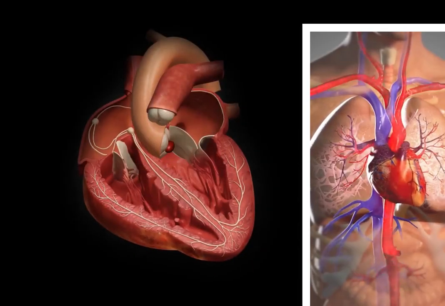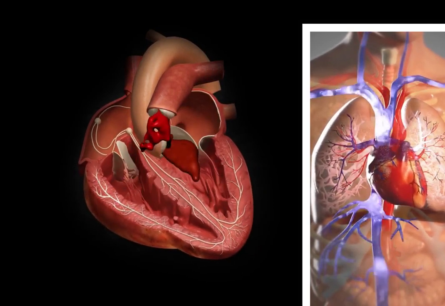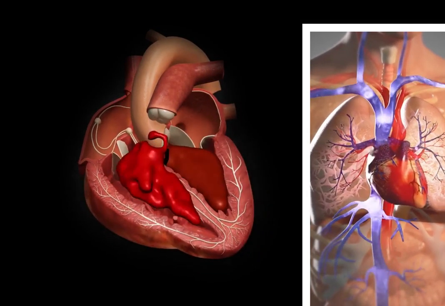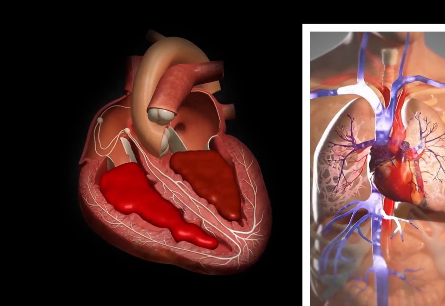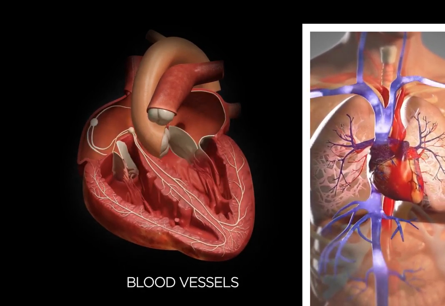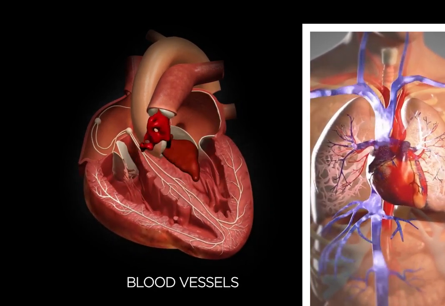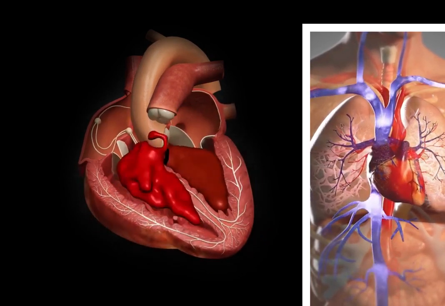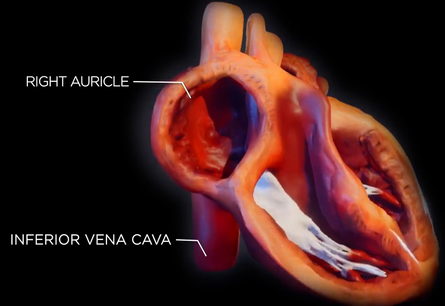I'll repeat, the blood has to flow throughout your body, correct? And when it flows throughout your body, it flows inside these tubes which we call vessels. And because these vessels carry blood, we call them blood vessels. And the major blood vessel that carries the deoxygenated blood from the lower parts of your body into the heart, which part of the heart? Right auricle, is called the inferior vena cava.